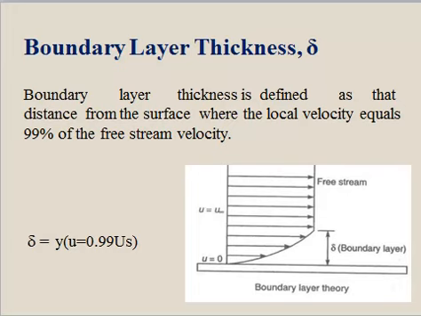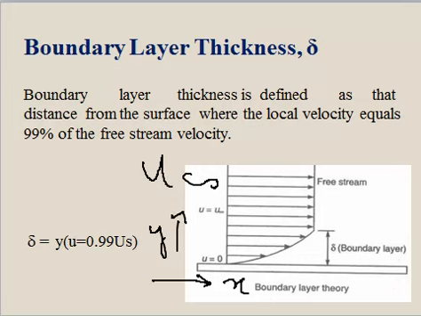stream velocity. Now in order to understand or revise it again, consider this is the x direction. Suppose the flow is taking place in x direction and the free stream velocity is u infinity. Now consider this as y direction. So the no slip condition will exist near the surface, so here the value of velocity u becomes 0.